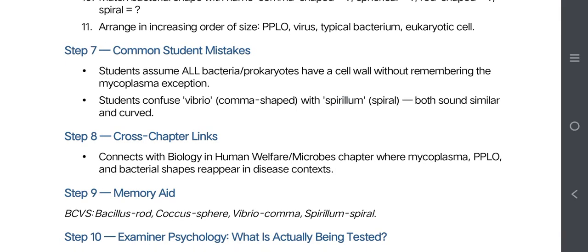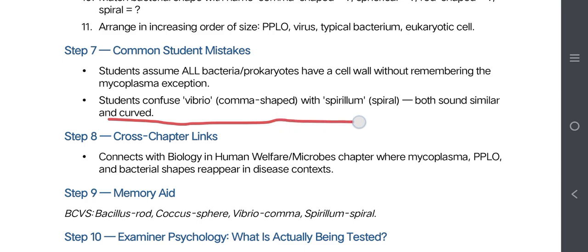Students make mistakes because they assume all prokaryotes have a cell wall without remembering mycoplasma. Students also confuse vibrio, comma-shaped, with spirillum, spiral. Both sound similar and are curved.